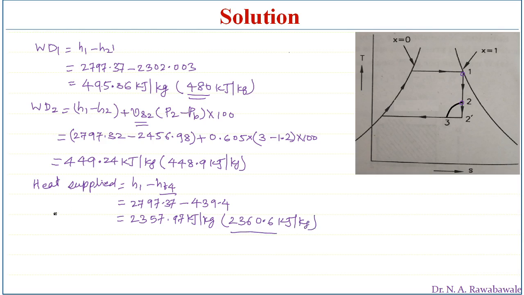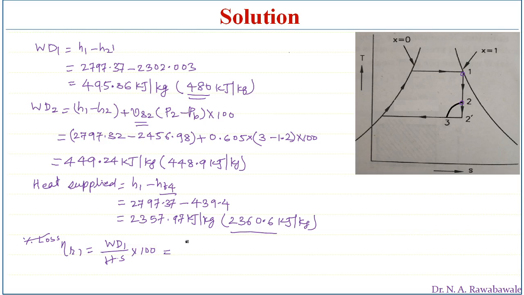Now, for comparison, percentage loss, or before that we write Rankine efficiency 1 and Rankine efficiency 2. Rankine efficiency 1 is equal to work done 1 divided by heat supplied into 100.